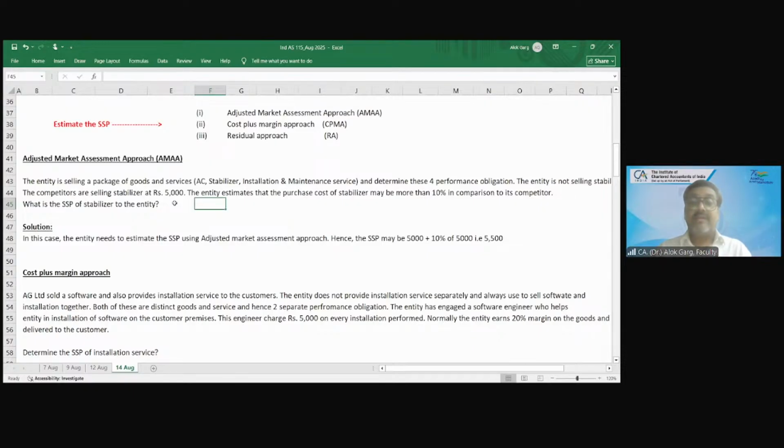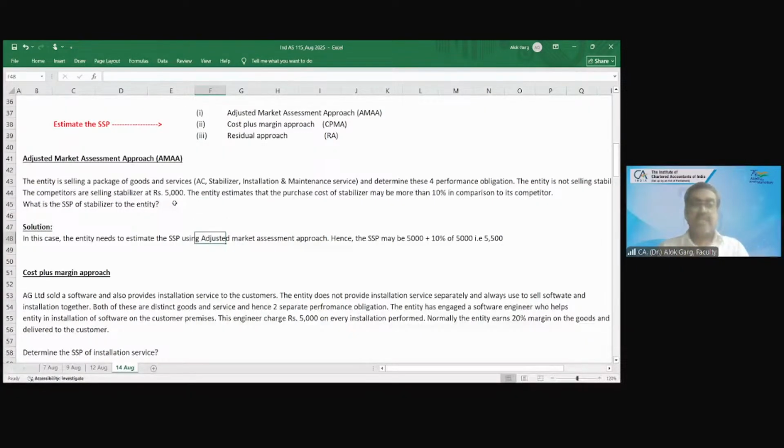So don't you think in that case, under the adjusted market assessment approach, the standalone selling price of the stabilizer for me would also be increased by 10%, which is 10% of 5,000, which is 5,500.